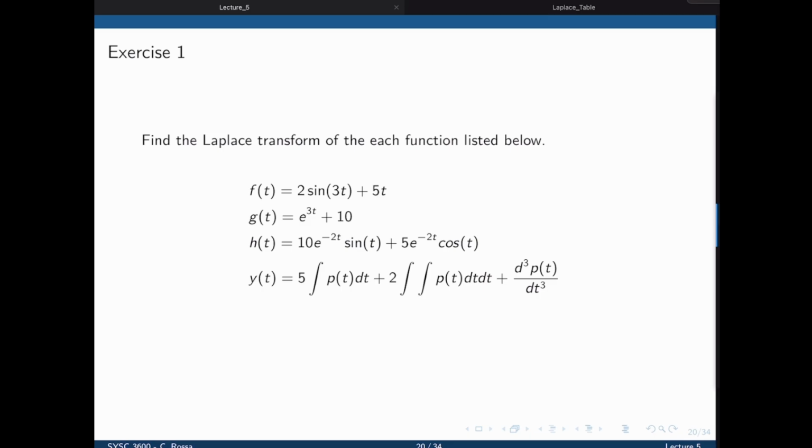Almost there. Okay, so to solve this, we'll need both the table and the equations, of course. So have the table with you. Otherwise, this will make little sense.